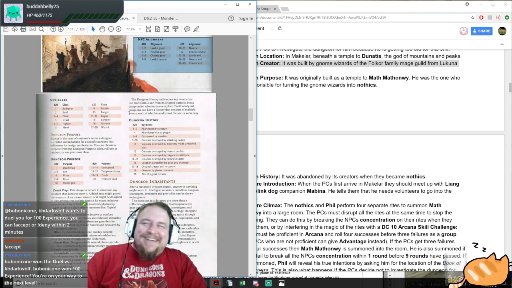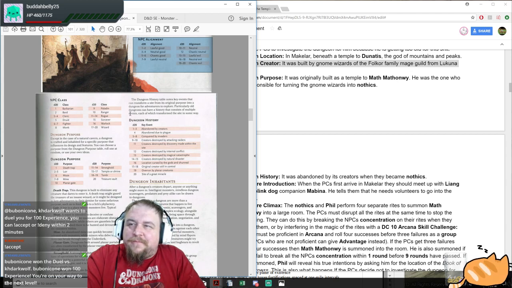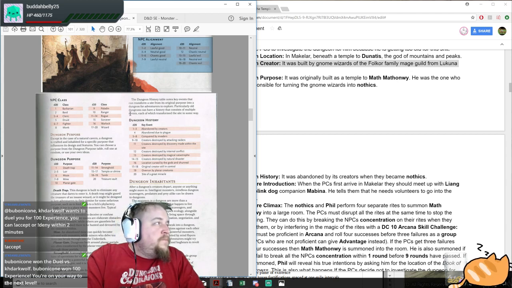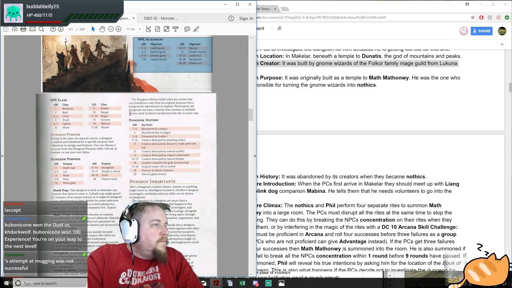So what I did here for the adventure villains, because of what Nothics are specifically, I made a command decision for the adventure that these wizards, who were originally humans, were changed into Nothics.